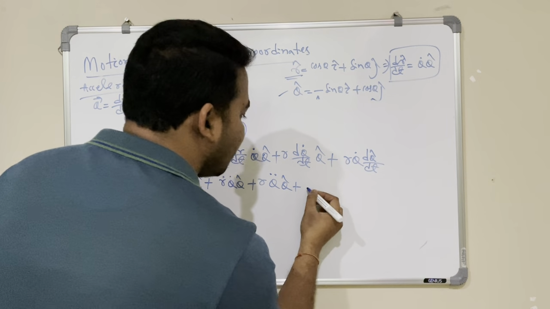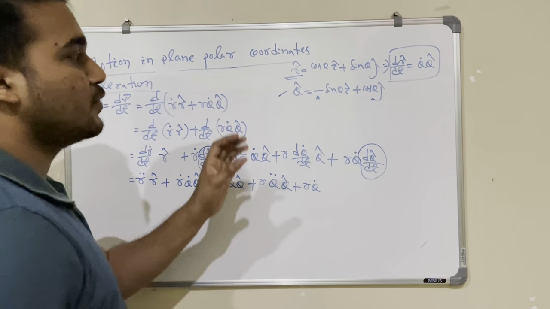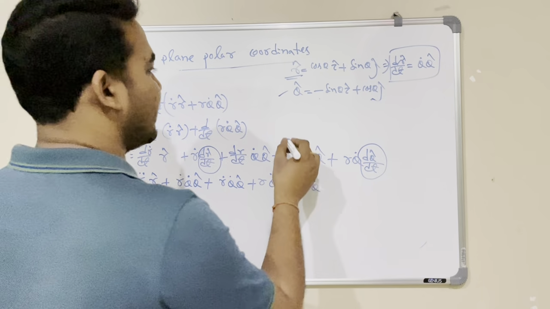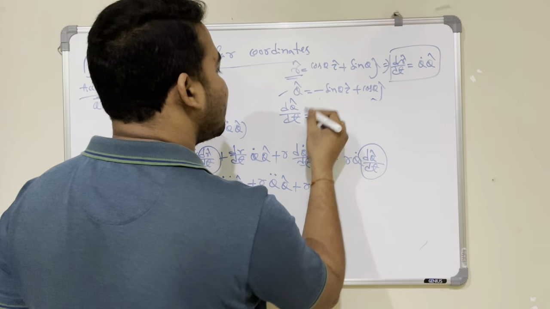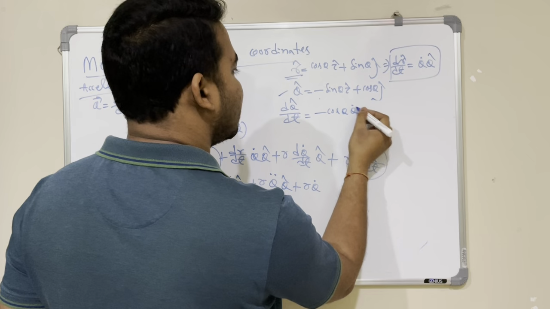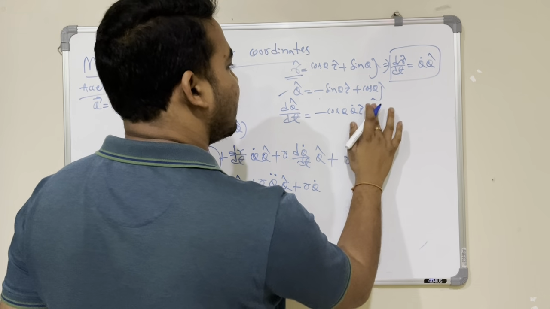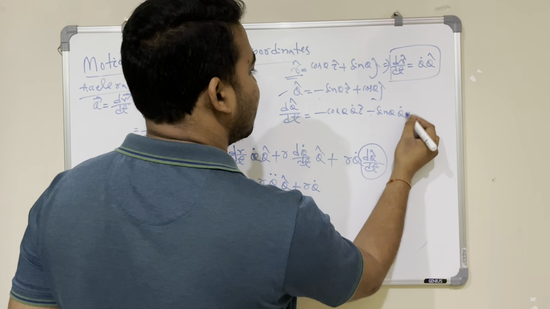So this is d theta cap by dt. So we have to calculate d theta cap by dt. So we'll do here, d theta cap by dt is how much? This is minus cos theta theta dot i cap, and this is minus sin theta theta dot j cap.